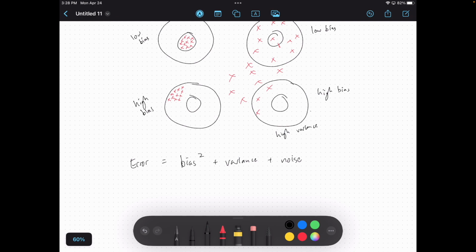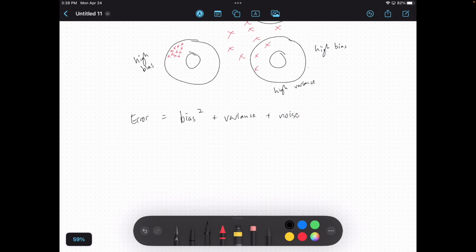I'll write the mathematical equation just for reference. This is just for a reference point. You don't need to memorize this.